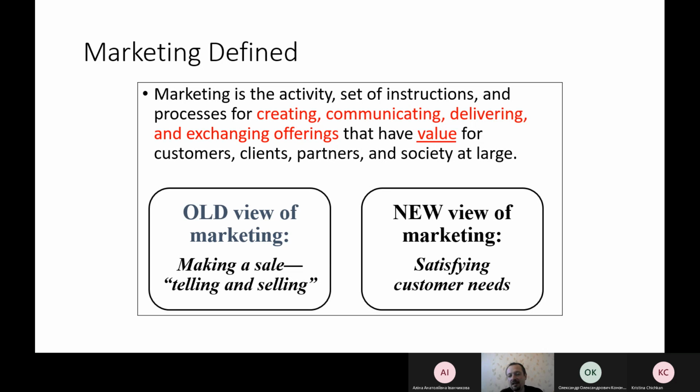So it is the modern way to view marketing.